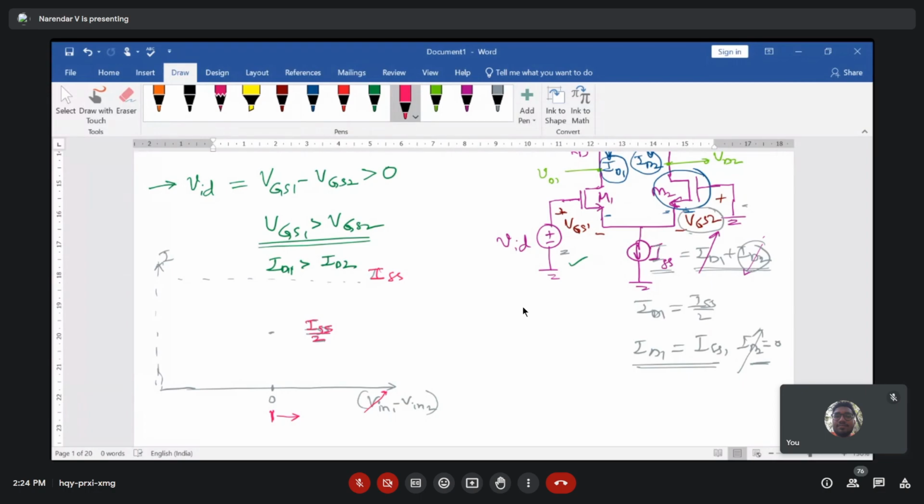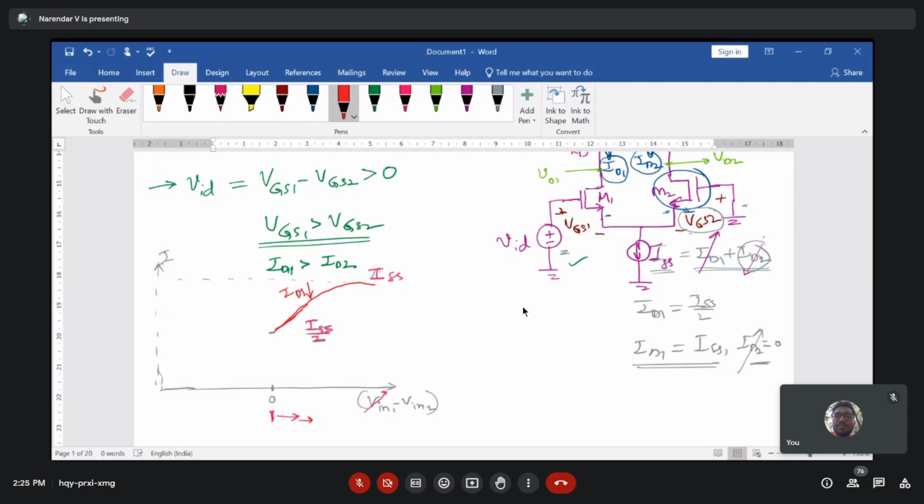Am I right? Yes. So what you can write here is the ID1 current is going to increase slowly as your differential input increases. As it increases further, then what you can see is that the ID1 current is also going to increase. So now this is referred to be your ID1 current.